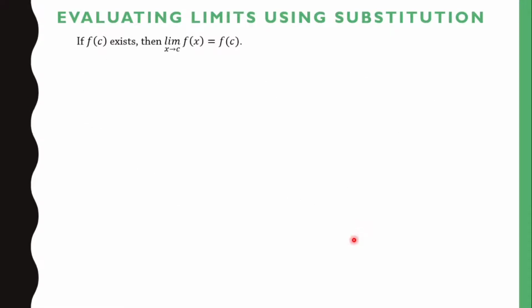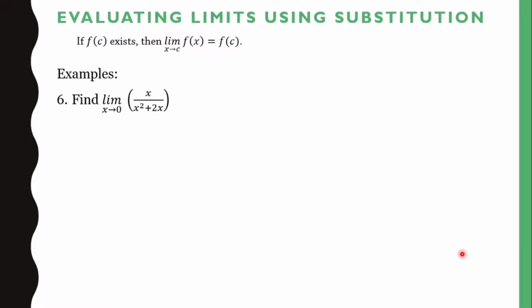At times, when we directly substitute the value of x with c in a rational function to solve for the limit, both the numerator and denominator become 0. In cases like this, we will use the factoring method. Here's an example.